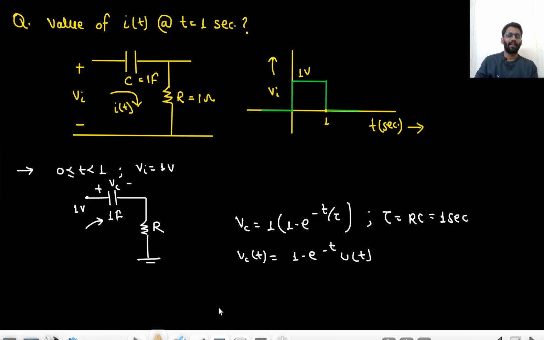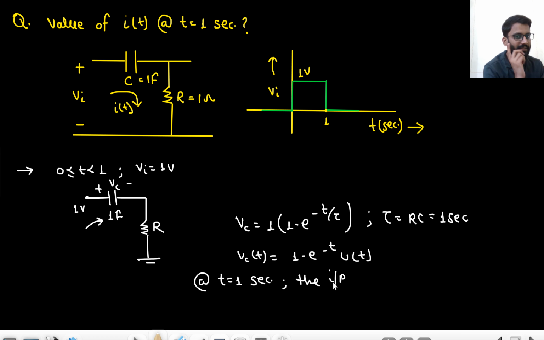Now what is happening? At t equals 1 second the input is gone. This is the same circuit that we have already studied, with pulse input, but for the case of t less than RC; here t is equal to RC. So at t equals 1 second, the input is gone.